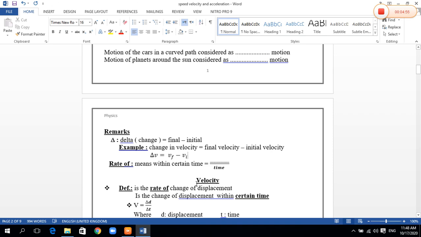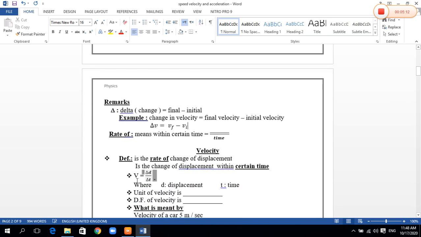So velocity equals delta d over delta t. Rate of change of something means this physical quantity over the time. D represents displacement and t represents time.